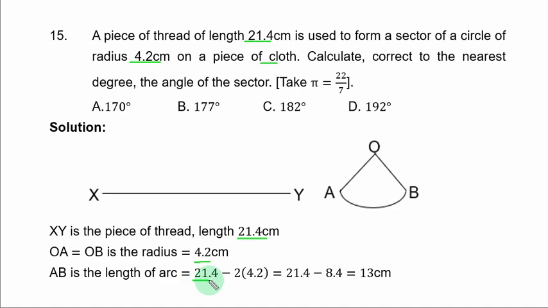That is 2 times 4.2. You have 21.4 minus 8.4, and that is 13 cm. Now that we know the length of arc, we can obtain the angle of the sector.